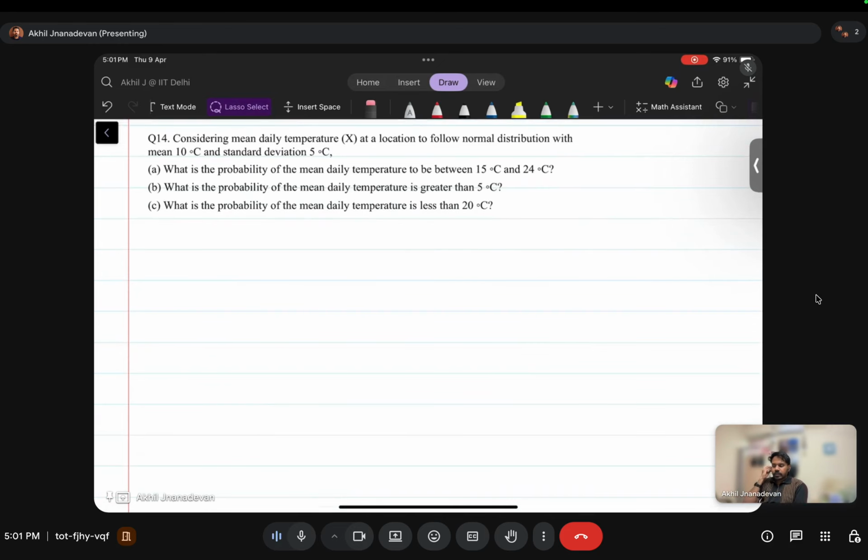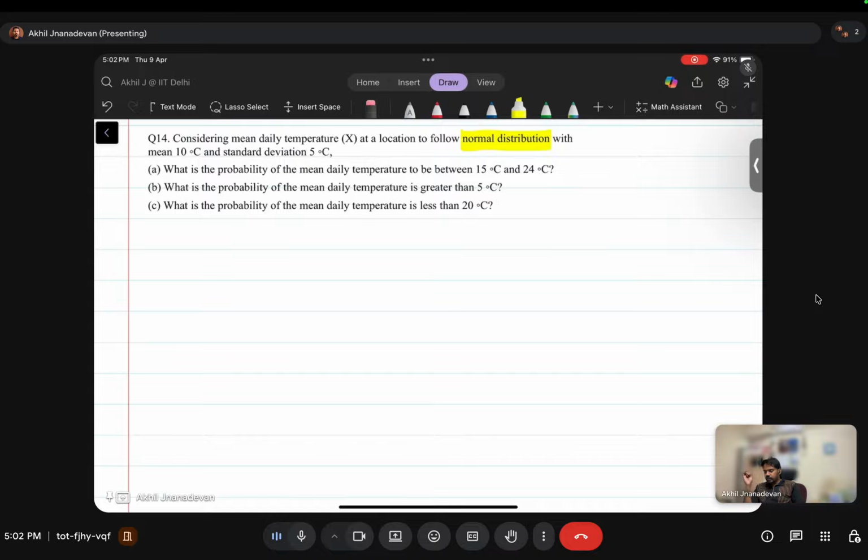So we can start with the 15th question. Consider a mean daily temperature at a location to follow a normal distribution, with a mean of 10 degrees Celsius and a standard deviation of 5 degrees Celsius.